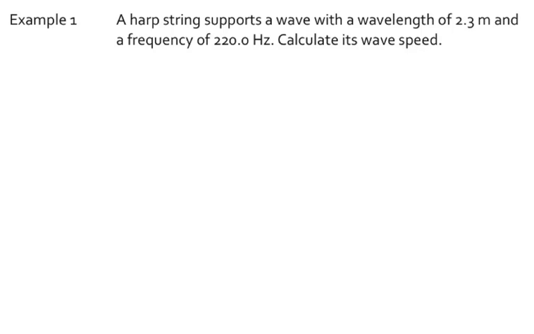Before we do anything, before we choose an equation, before we do any math, it's always a good idea to define the variables, which is just a way of taking the information in the question and putting it in a more compact form. So what we've been told is that the wavelength of this wave is 2.3 meters. Wavelength has the variable of lambda, that Greek letter.